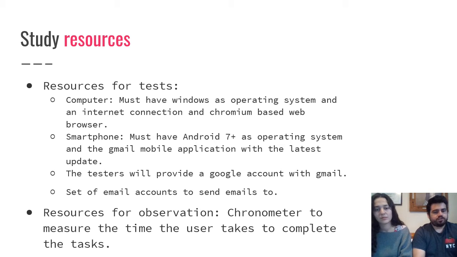The testers will also provide a Google account with Gmail to the ones being tested, and they are going to provide a set of email accounts to send the emails to. The resource we're going to need for observation is just a chronometer to measure the time the user takes to complete the defined tasks.